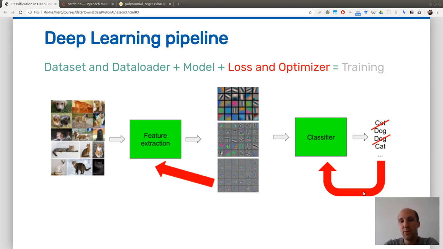And once you have this gradient, you can update the parameters to make the classifier better and better. But so far, we did not discuss how to choose the loss, and we did not discuss how to update the parameter. So this is what we will do today. We will look namely at first the loss and then the various optimizers which are available to you.